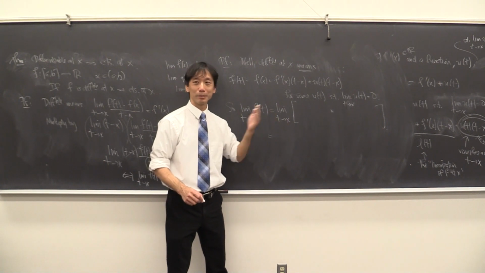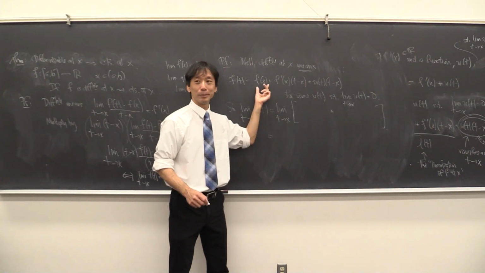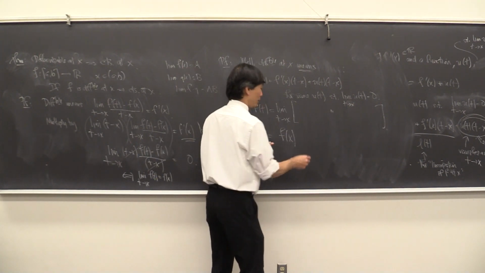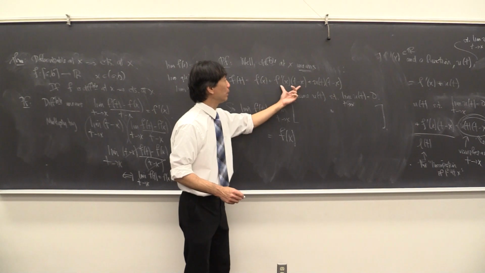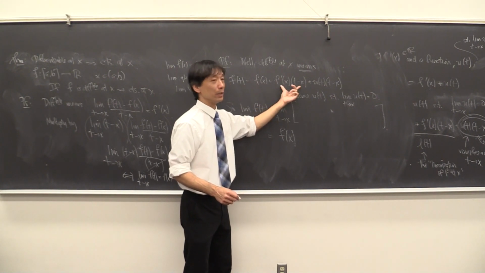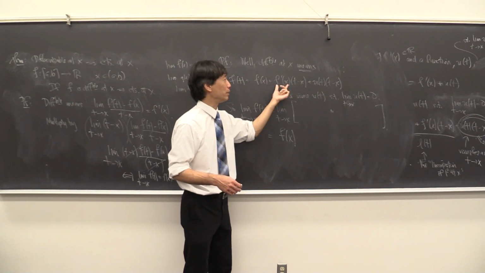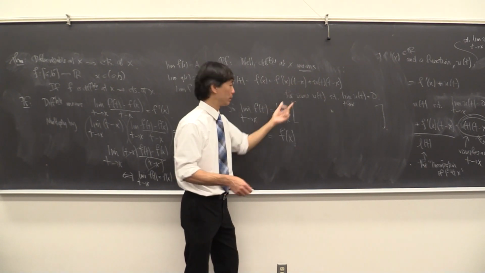T is moving. What happens to f of x? Well, nothing, right? F of x is a constant. You get f of x. What happens to this thing as t goes to x? It approaches 0, right? Because this is a constant multiplied by something that goes to 0.